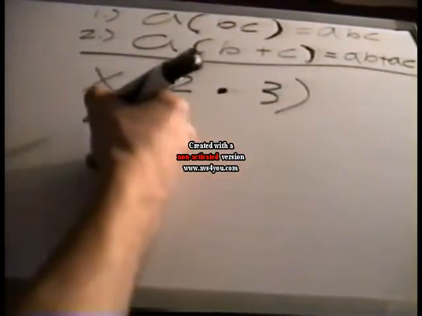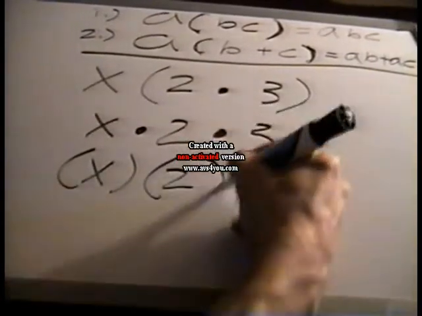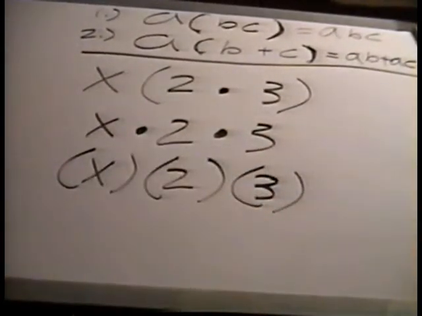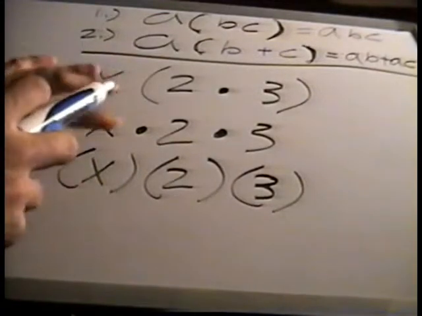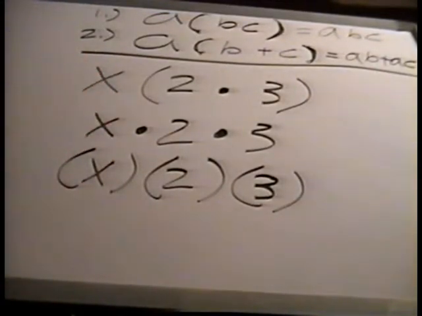So that's saying multiplication is addition. Multiplication is a form of addition. So please write these down.